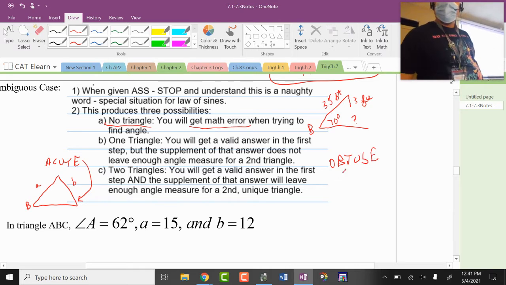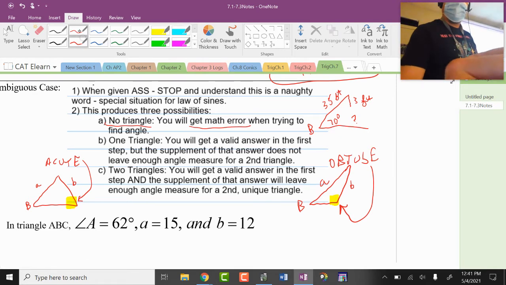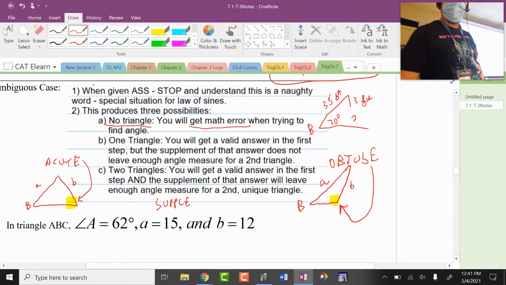And you are going to draw them both. Still, you were given this angle, this side, and this side, except this angle is obtuse. And the relationship between these two is they are supplements. And that's as simple as I can make it.